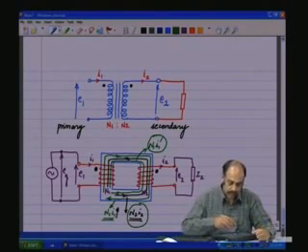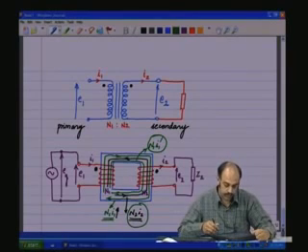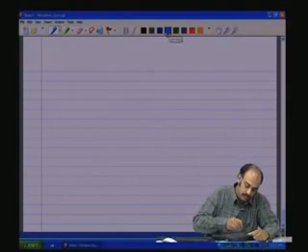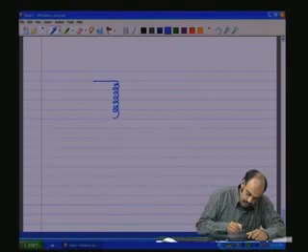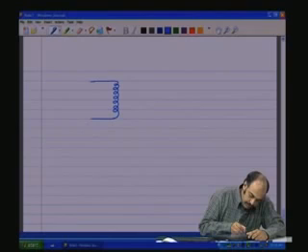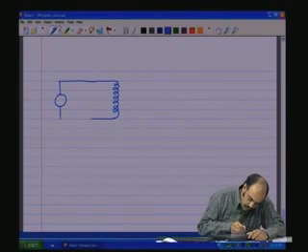Now, with this concept, we should be able to draw the phasor diagram. So, we have here the primary, and the primary is connected to a voltage source.